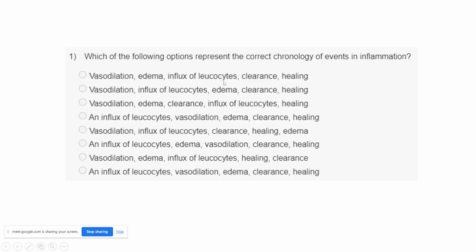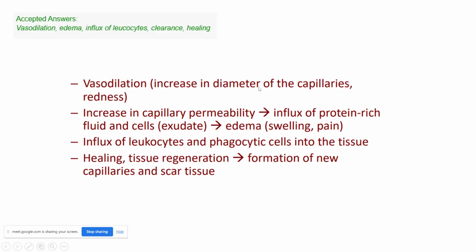So the first question was this: which of the following options represent the correct chronology of events in inflammation? So here the correct option would be vasodilation, followed by edema, influx of leukocytes, clearance, and healing.